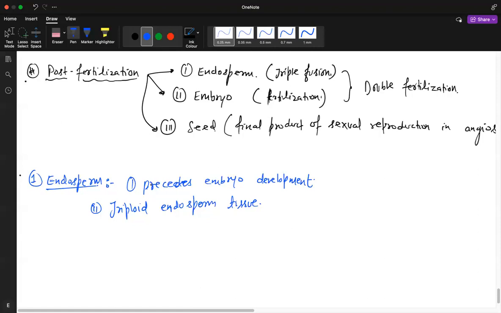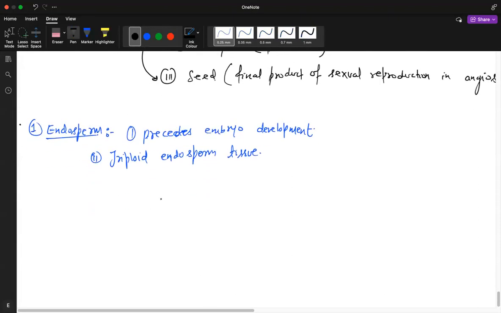Now, how it develops, let's go to the schematic. So just write in a flow chart.